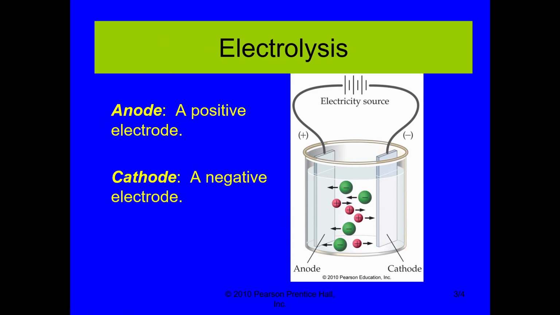An electricity source can be applied, and the electrons will flow through the wire from the anode to the cathode. What then occurs is the cathode will maintain a negative charge, and the anode will maintain a positive charge.